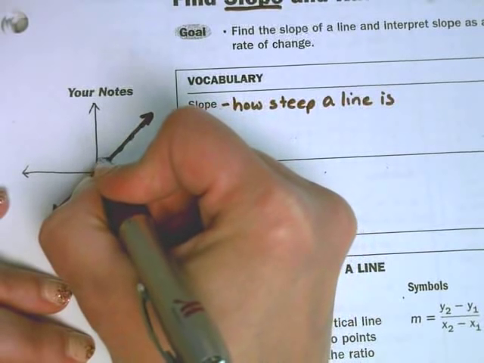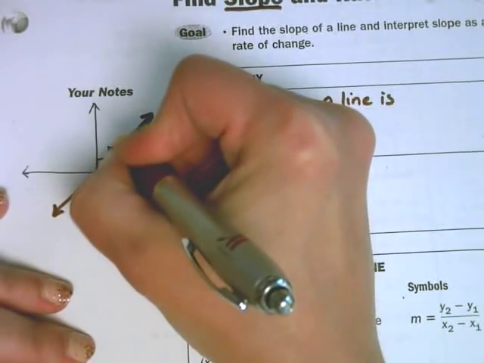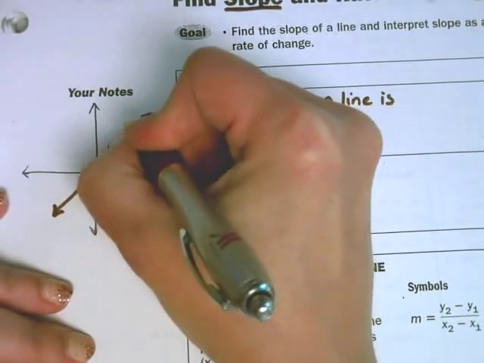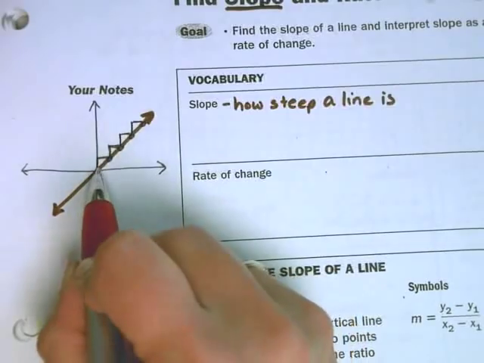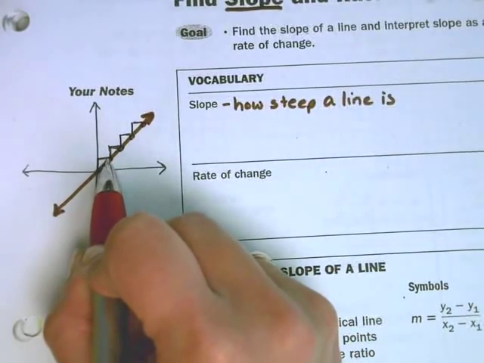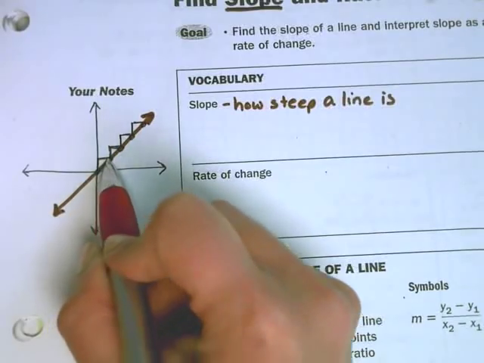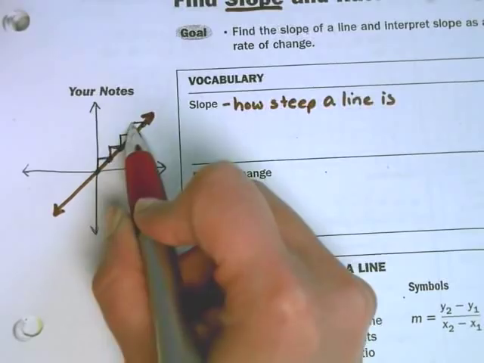Let's actually make a staircase above there. Up and over, up and over, up and over. That would look like a staircase now. Right? To see how steep that is, we would have to see how far do we have to lift our leg, and then how far do we have to go over to get essentially to the next stair. Up and over, up and over, up and over.